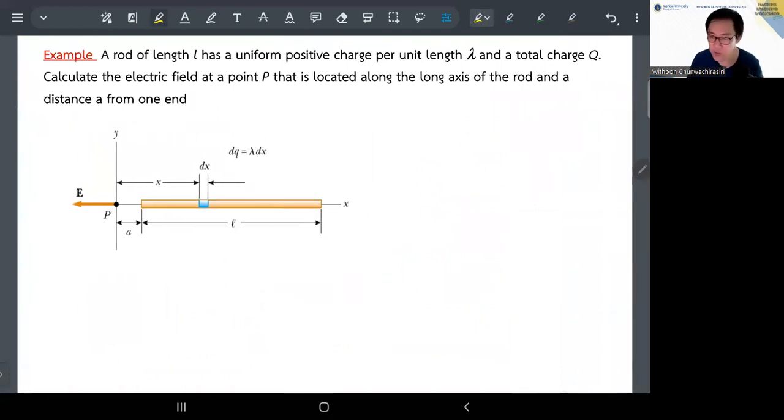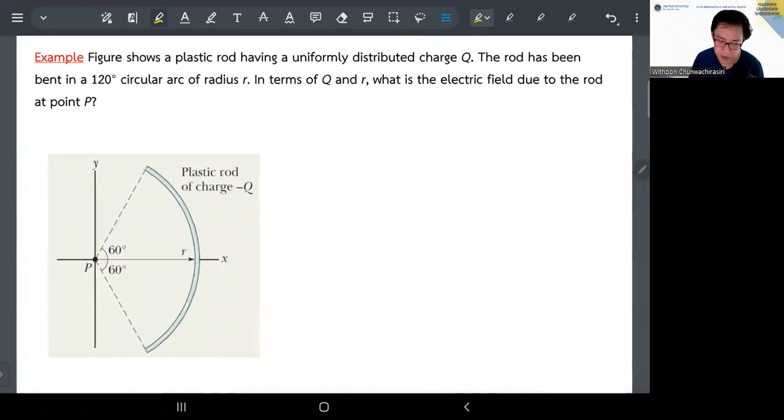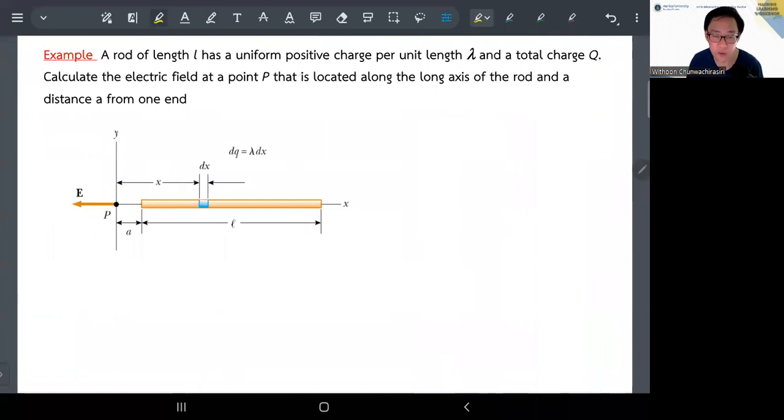So I think I'll show you today maybe 3 examples. 1, 2, 3. All right. Just these 3, I'm done. I think this is more than enough for us to learn. And I don't think we need more or more complicated setup. So I'll show you how to calculate the electric field from a line charge. Okay.